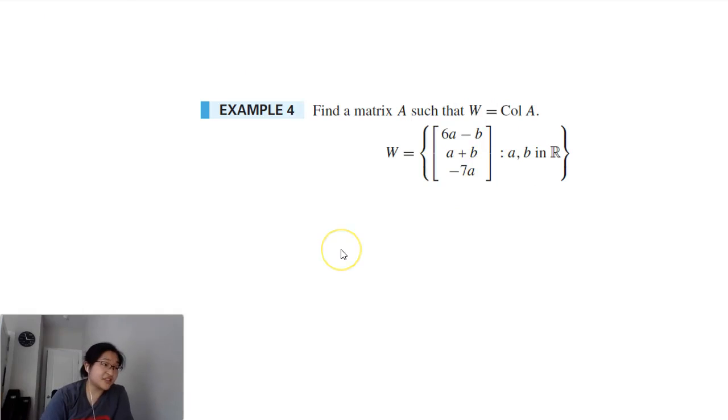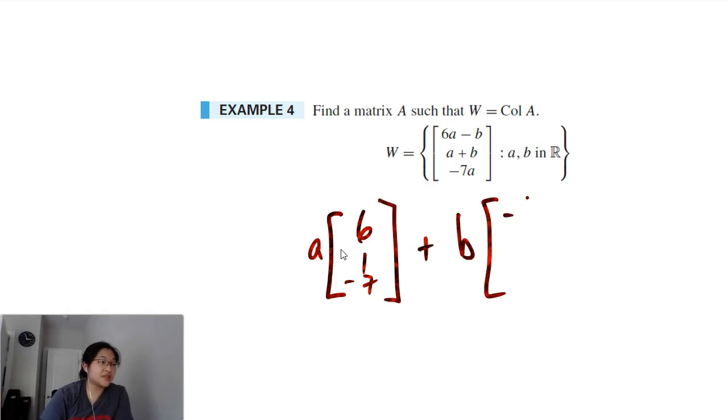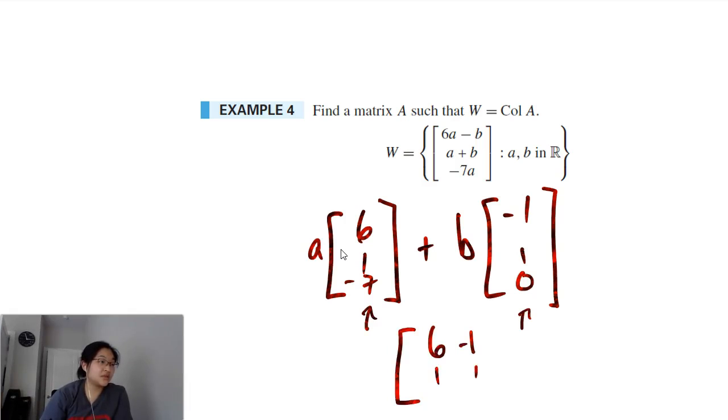What we're looking at is a times 6, 1, negative 7 plus b times negative 1, 1, 0. So the matrix A is just these columns put together: 6, 1, negative 7 and negative 1, 1, 0.